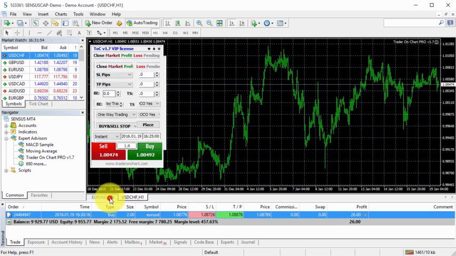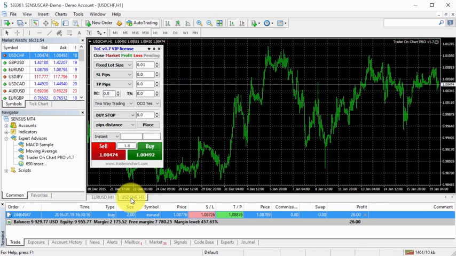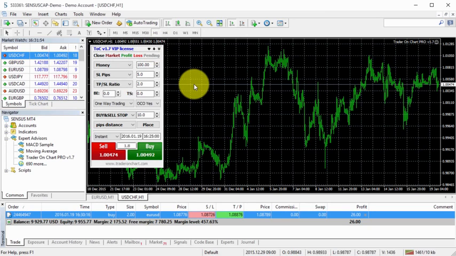So now I can even go to the euro dollar chart and click this little heart button right here. What this does is that it saves the settings as default, and now if I go to another instance of the trader and chart and click this arrow right here, it will load the default settings.